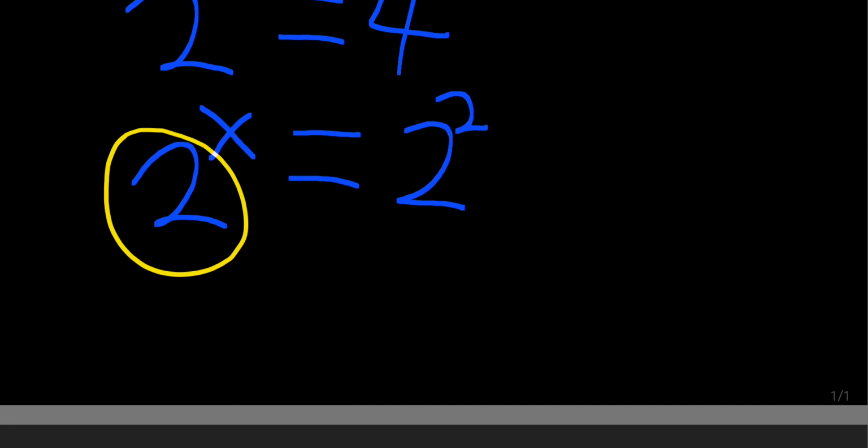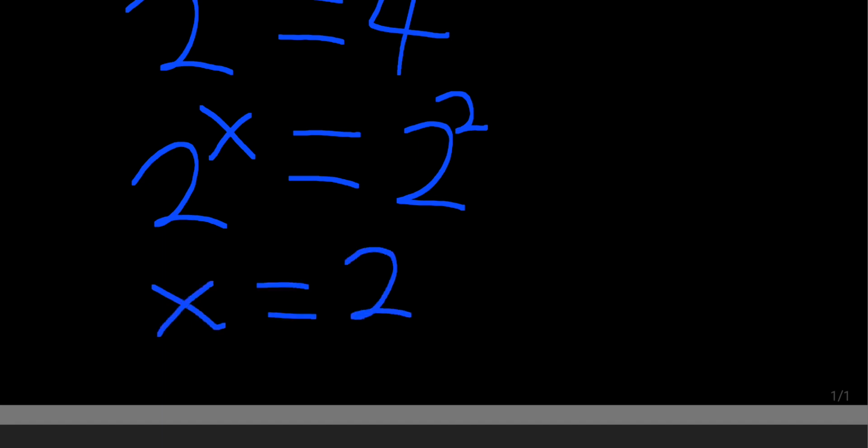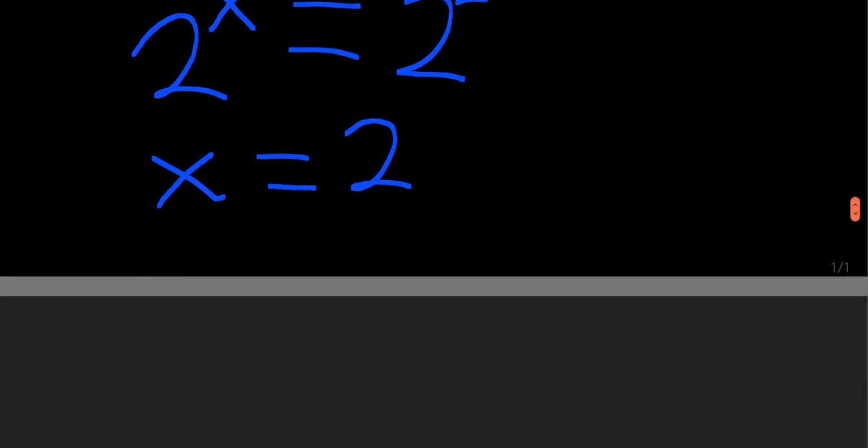Therefore, the exponents are equal to each other. Hence, my x is equal to what? 2. You can cross-check and see if your answer is correct or not.